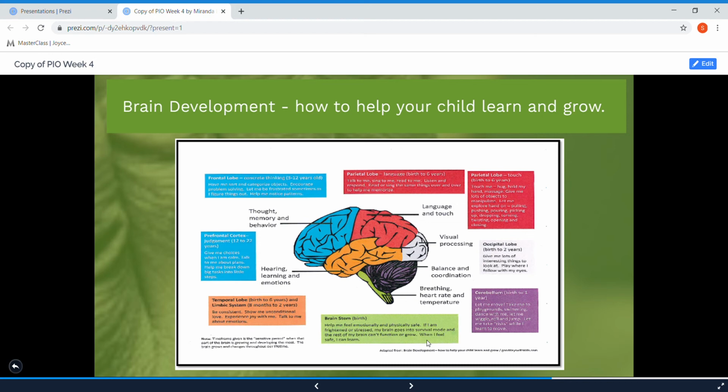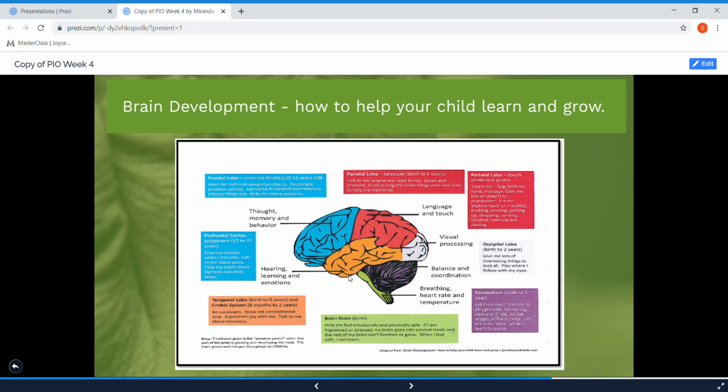However, it matters to the child's perception. So even if they aren't in danger, but they perceive themselves to be in danger, they are fearful of being in danger, that is enough to trigger this fight or flight mode or survival mode, and they will no longer be able to learn.